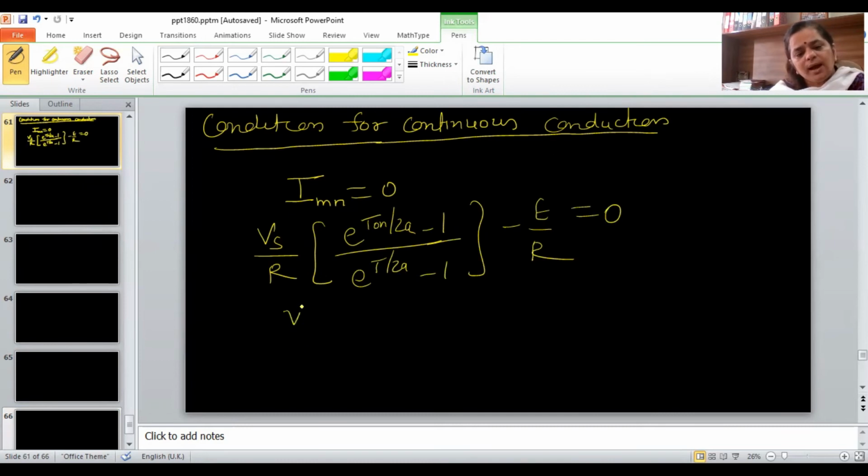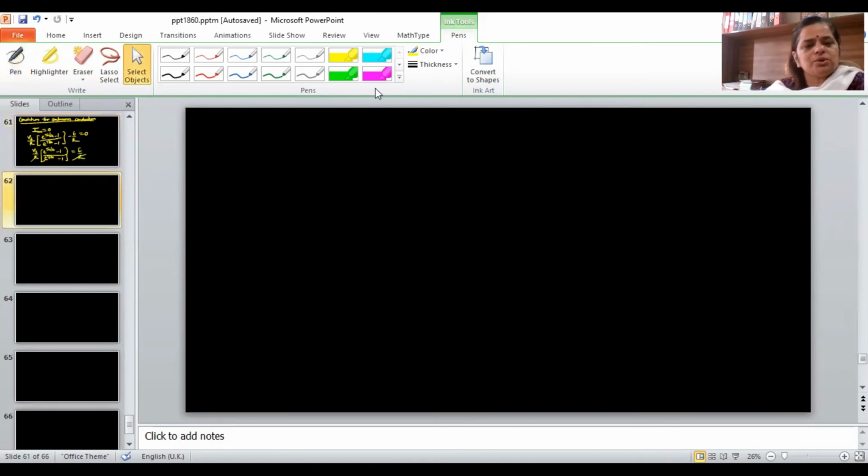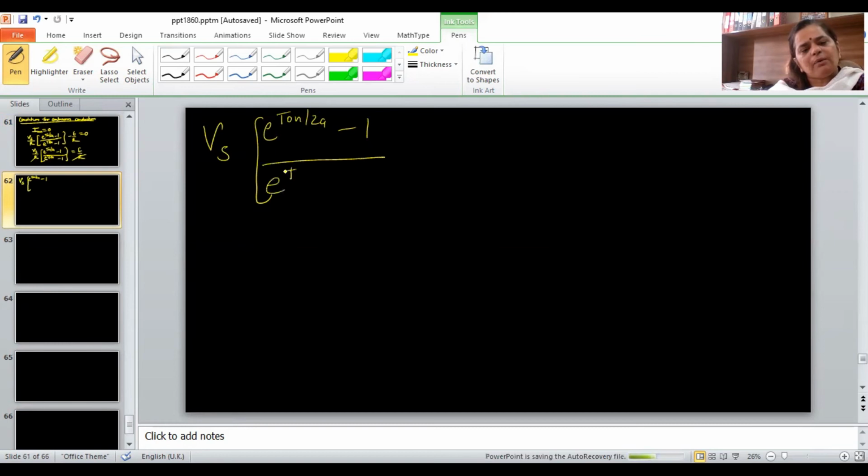So from here, I am going to get Vs by R, (e to the power TON by TOA minus 1) upon (e to the power T by TOA minus 1), that is equal to E by R. So R cancels R. What I am going to get is Vs (e to the power TON by TOA minus 1) over (e to the power T by TOA minus 1), that is equal to E. Okay, now cross multiply it.